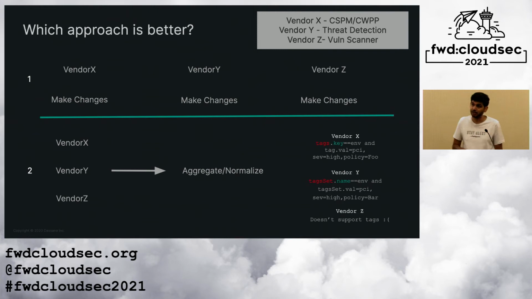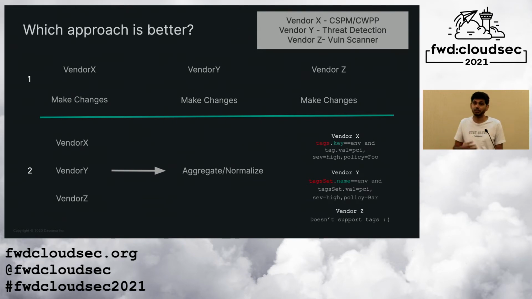But guess what? As of today, this is year 2021, there is no consensus on how the tags should be normalized. This was pretty enlightening to me, that how is it possible, but it is true.